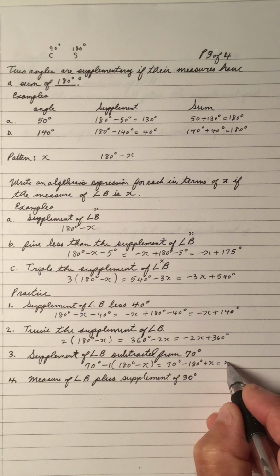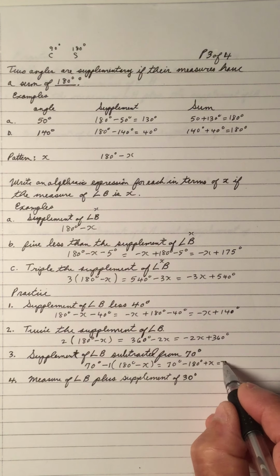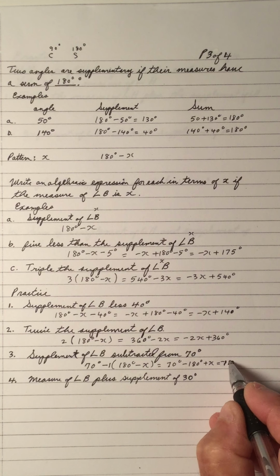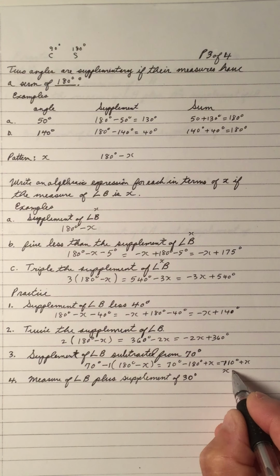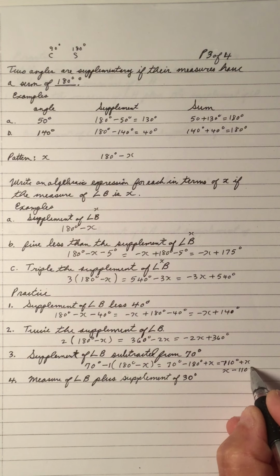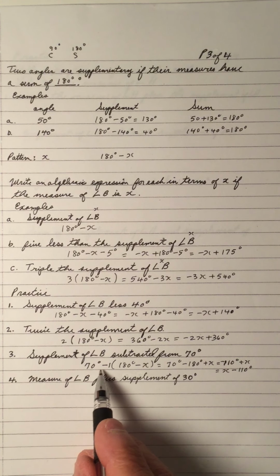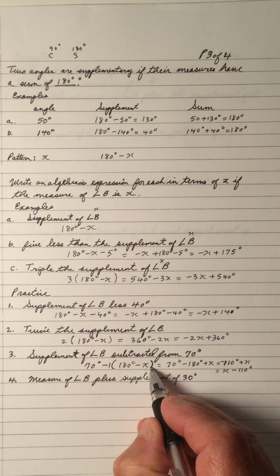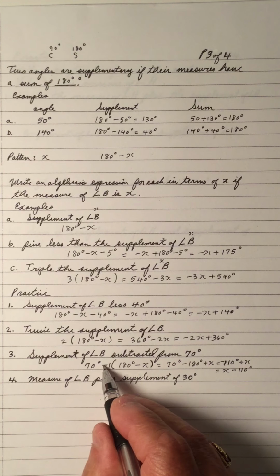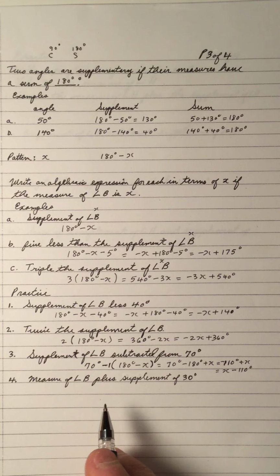If you want to add these first, that's negative 110 plus x, which works out to x minus 110. Again, be careful with the subtract sign. To subtract the supplement, it has to be in a bracket. If you don't, you're going to get it wrong. Put the subtract there, put the 1 there, and then multiply it.